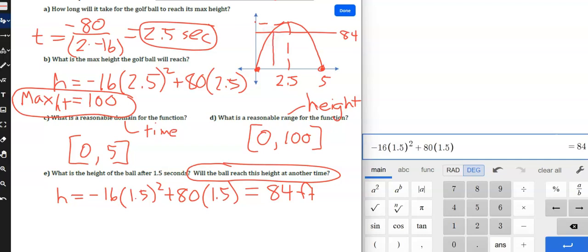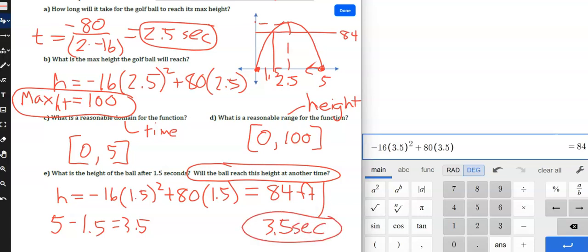Okay, so if this is 1.5 seconds, then could we use that to come back 1.5 seconds? And if we do that, what is 5 take away 1.5? Isn't that 3.5 seconds? So I'm going to try this. I'm going to come over to my Desmos and see if 3.5 works. Oh my goodness, it did work. Okay, so at 3.5 seconds, we will also be at 84 feet.